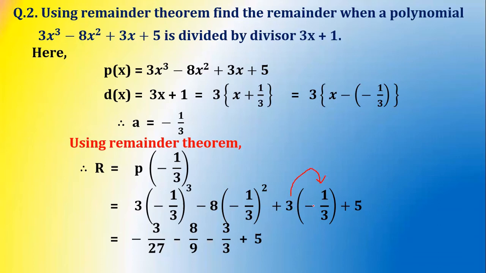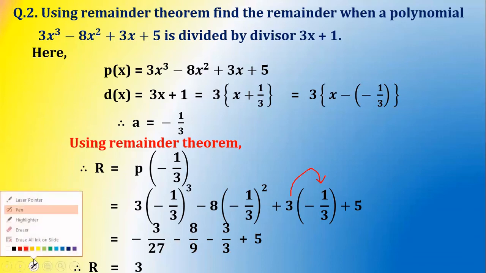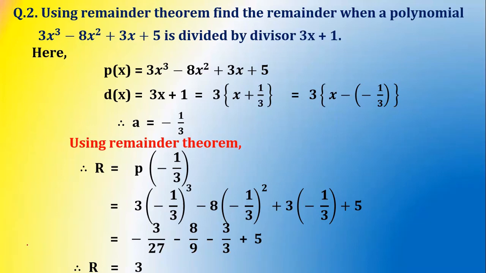So it would be minus plus minus outside, and then 3 by 3 plus 5. Moving ahead, we can take 27 as the LCM. When we take 27 as the LCM and do all the calculation, our final value of remainder would be 3. So from this calculation we can clearly state that when polynomial p(x) is divided by the divisor 3x plus 1, the value of the remainder will be 3. I hope the calculation is easy and you will be easily obtaining the value of remainder.